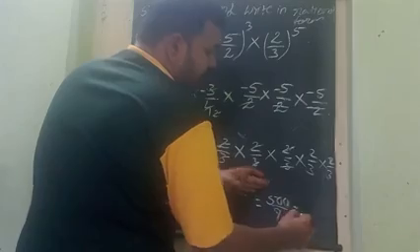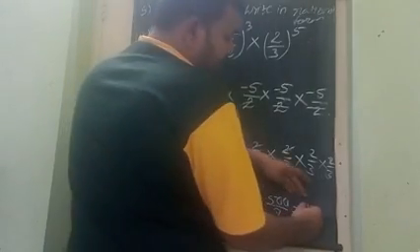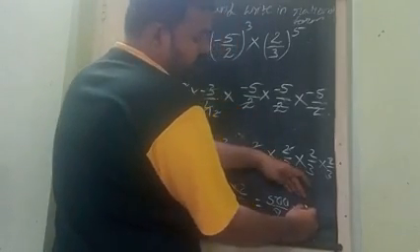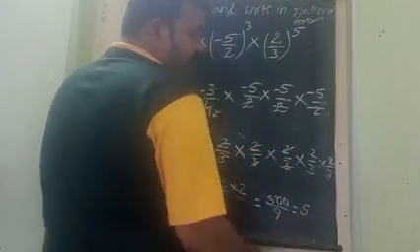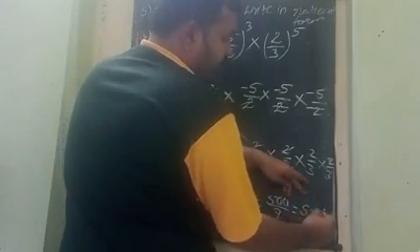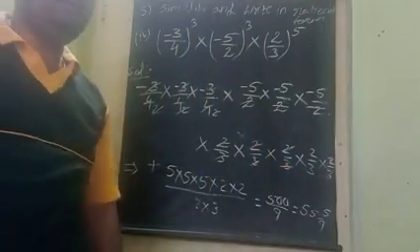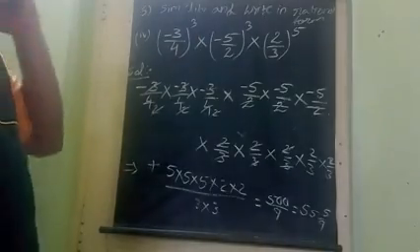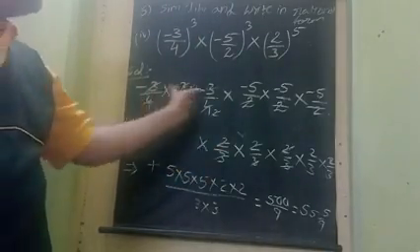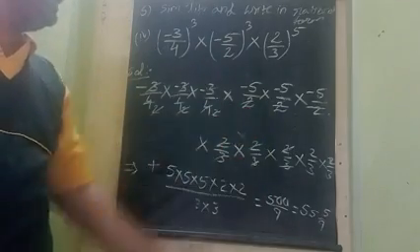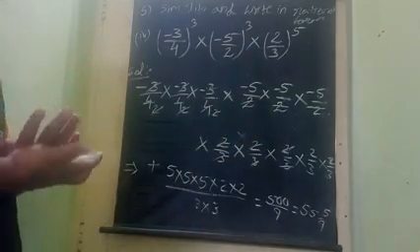Changing into mixed fraction form: 9 5s are 45, remaining 55, 55 5 by 9. See this one here: write in expanded form properly. This full line is the numerator and denominator cancellation. The answer is 55 5 by 9.